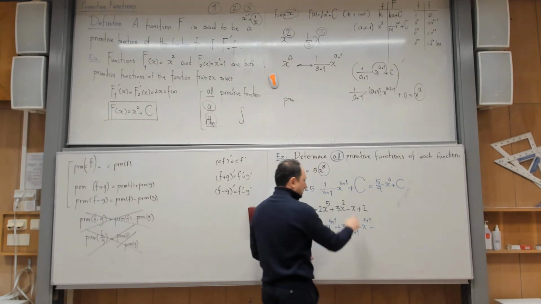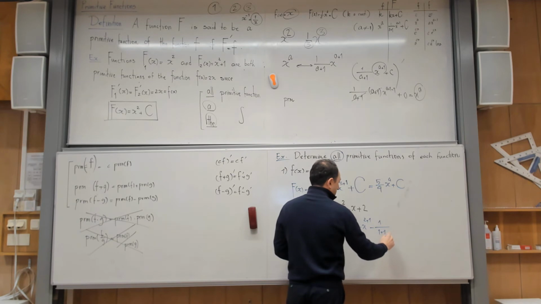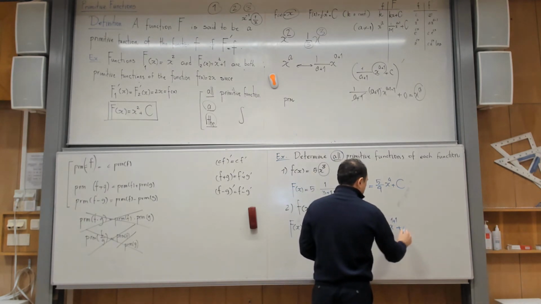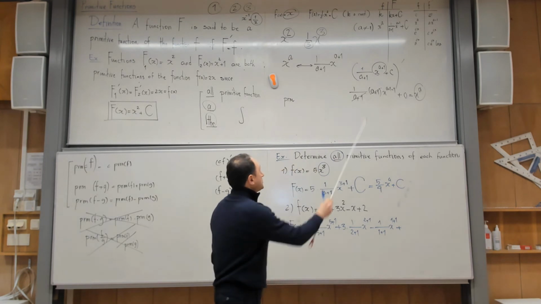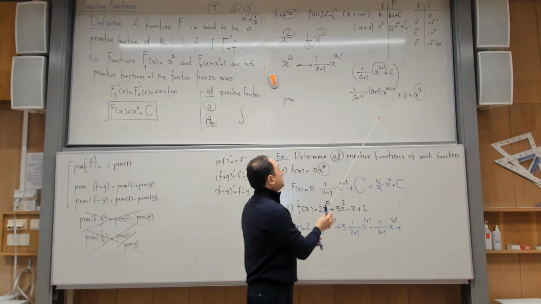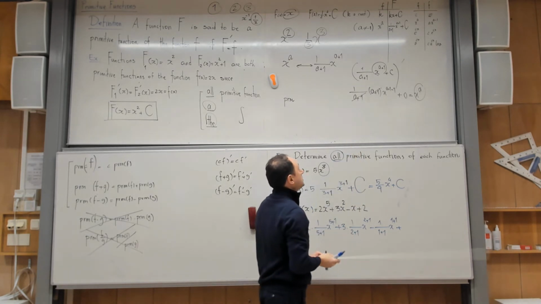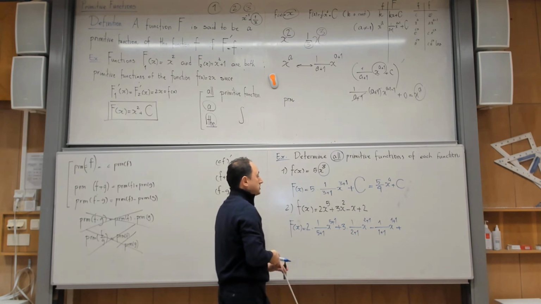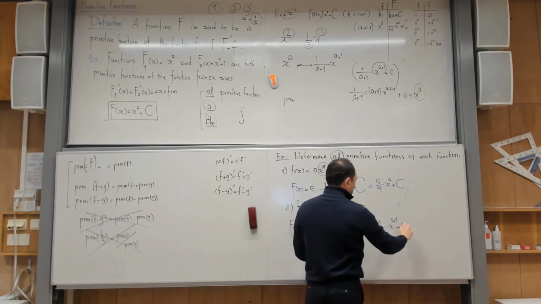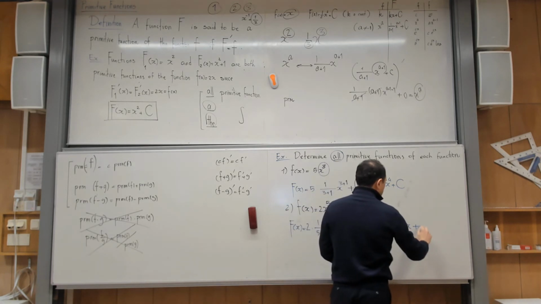Minus, the power is 1, so this becomes 1 over 1 plus 1, x to the power of 1 plus 1. And plus, so for these 3, I use the second row, but the last one is the first row, because the last one is the constant number, yes? And it is k times x plus c. So what is k? k is 2 in this case, so the answer becomes 2x. And then plus c, put a constant c at the end.